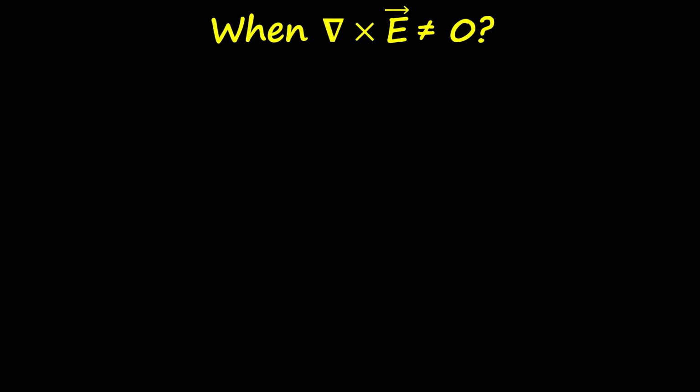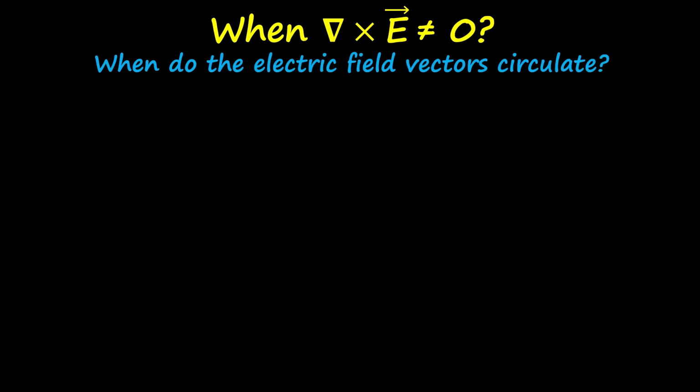Now, the next question is, when will the curl of an electric field be non-zero? Or in very simple language, when do the electric field vectors circulate? To understand this, let us take an example where the magnetic field is a function of time and is along the z direction. Please note here that the magnetic field depends only on time, not on the xyz coordinates.